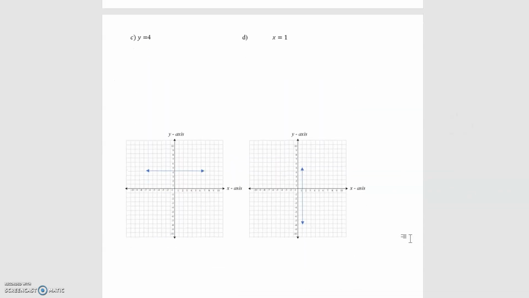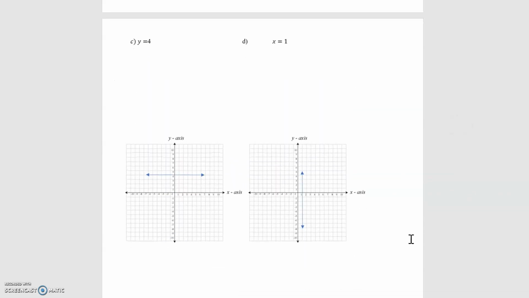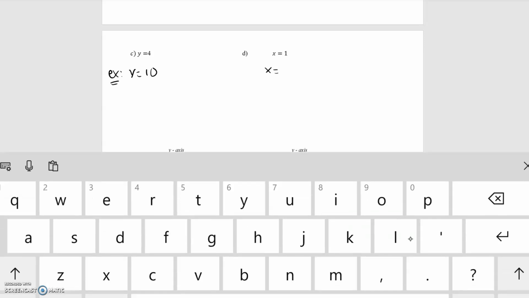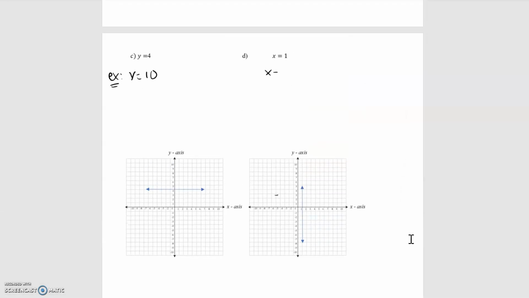Let's take a look at the next two problems. So for problem C, I'm just going to select y is equal to 10 as an example. And D, let's pick x is equal to, let me pick a negative.